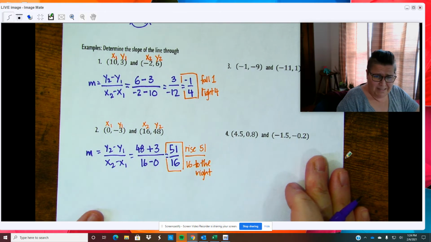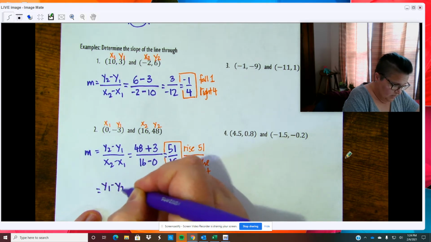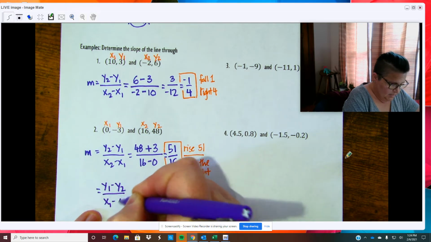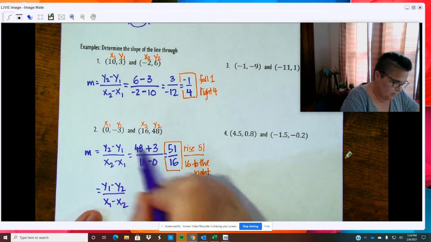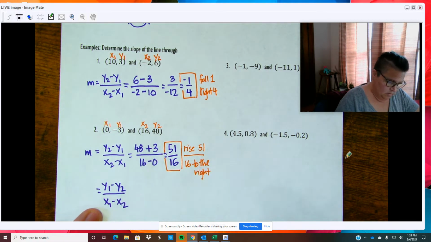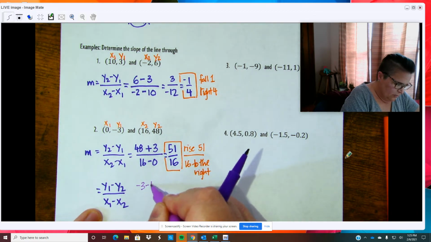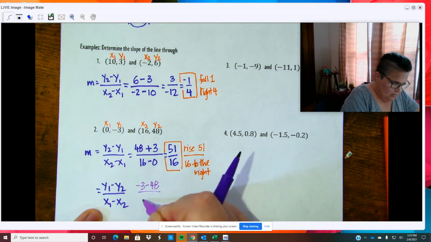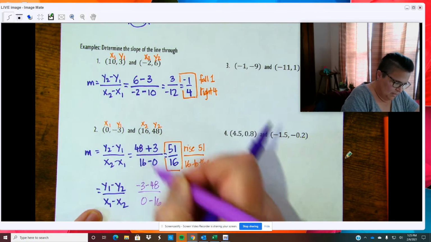Just to prove a point, what if I did y1 minus y2 over x1 minus x2? What if I switched it around? If I switched it around, I would have a negative 3 minus 48 over 0 minus 16.